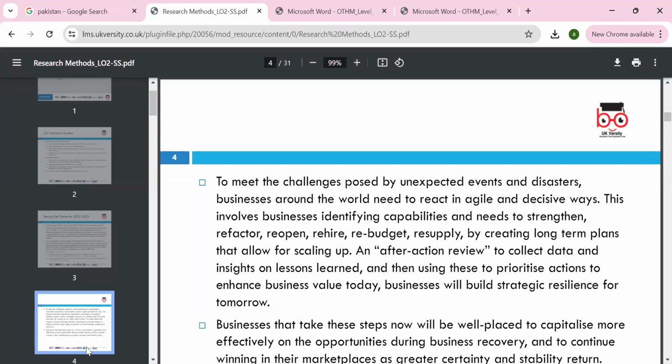By creating a long-term plan, to strengthen, refactor, reopen, rebudget and resupply. Planning is very important, because we're looking at the literature: it needs to be up to date, relevant and authentic. That is very crucial. We need literature that meets the research objective.